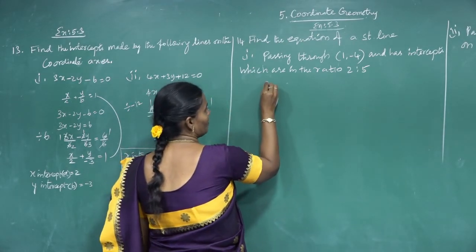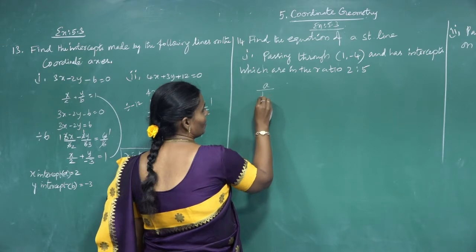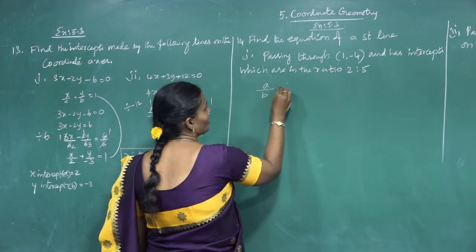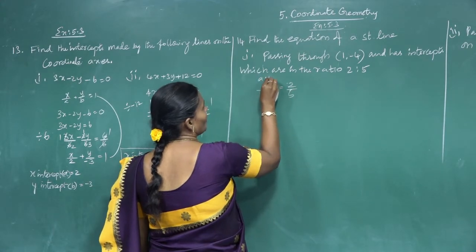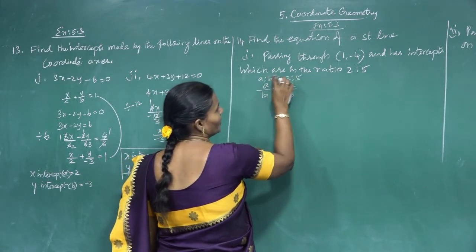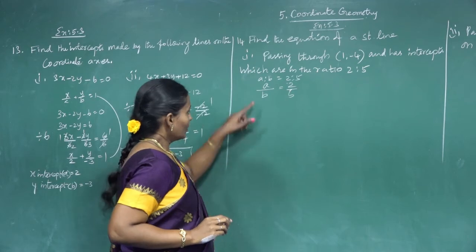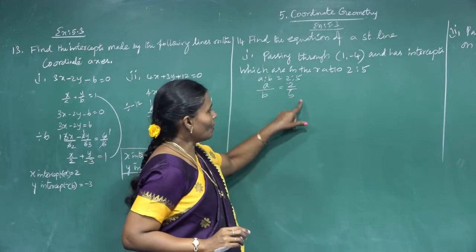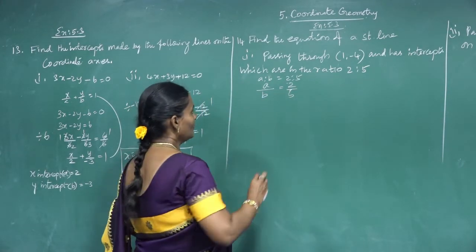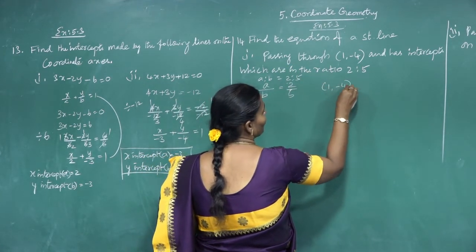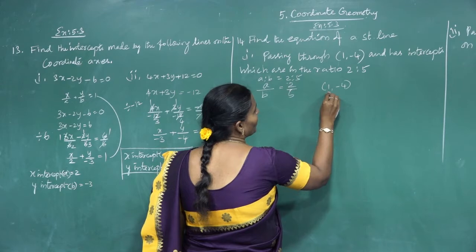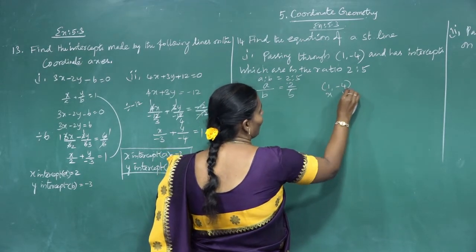You know that the x-intercept is a and the y-intercept is b. So a by b is equal to 2 by 5, because a is to b is 2:5 as given. The point it is passing through is (1, minus 4). You consider this x coordinate, this y coordinate.